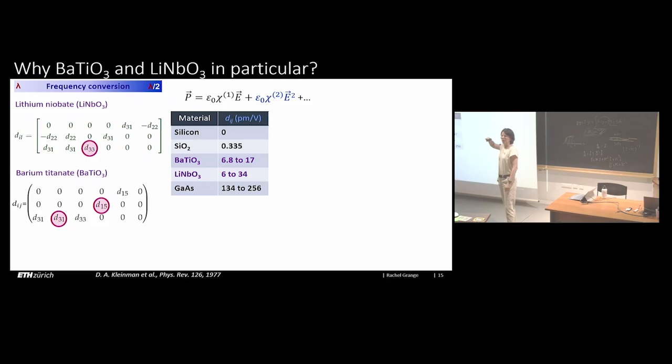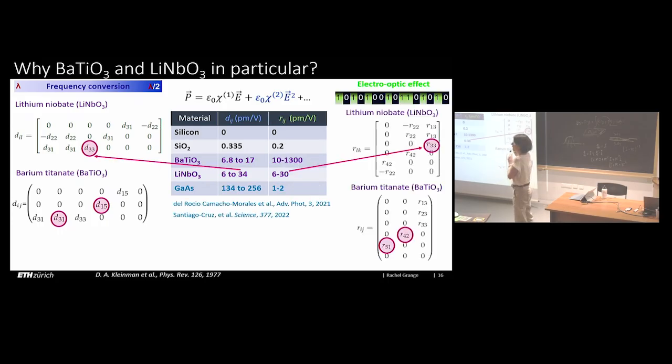So if you are parallel to the D33 component, then you can profit from the highest D33 component of lithium niobate, which is 34 picometer per volt. For barium titanate, the highest components are one order below, more like 6 picometer per volt, so much lower nonlinear frequency conversion. So if you are interested in nonlinear frequency conversion, better use lithium niobate or gallium arsenide rather than barium titanate.